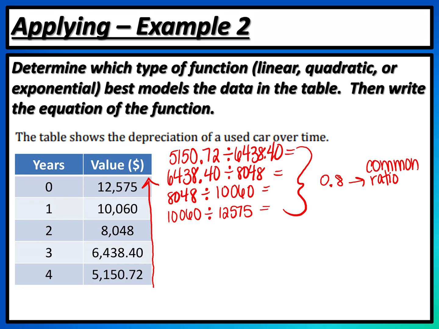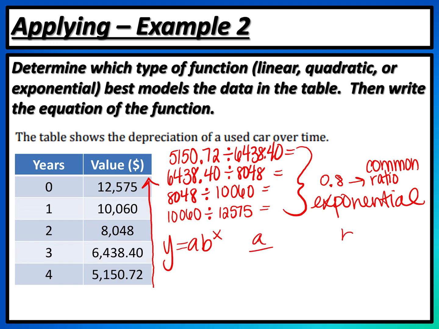So if it's a common ratio and I've done division, that means this is exponential, and we're using y equals a times b to the x. Our notes at the beginning of the video told me that the common ratio is my b value.